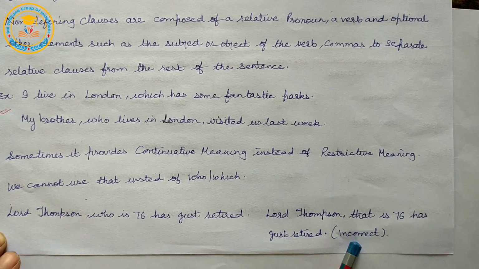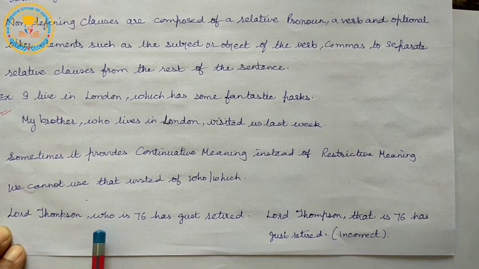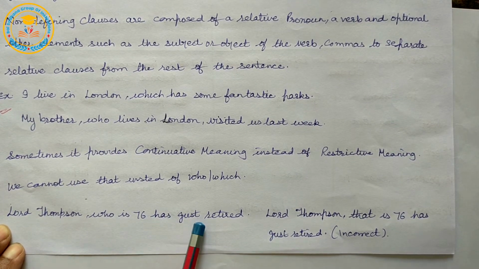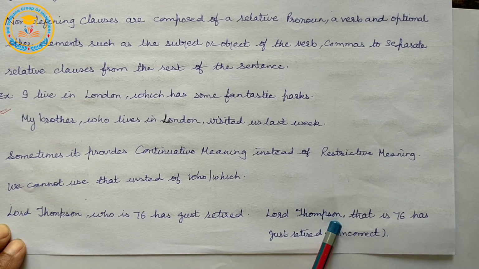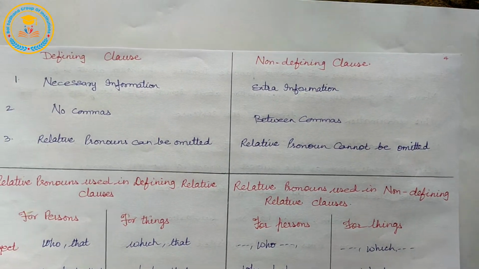So, this is an incorrect sentence and this is the correct one. So, we cannot use that instead of who or which. Lord Thompson, who is 76, has just retired. Lord Thompson, that is 76, has just retired. This is incorrect.